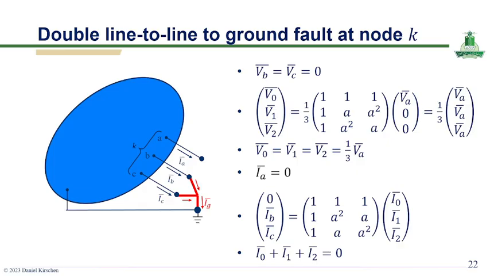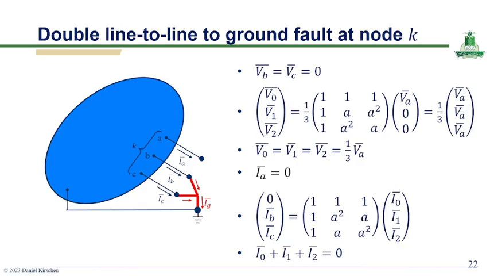All three sequence voltages, zero, positive, and negative, are equal, and each is one-third of the phase A voltage. This is obtained by collecting the transformation matrix relating phase quantities to sequence components.